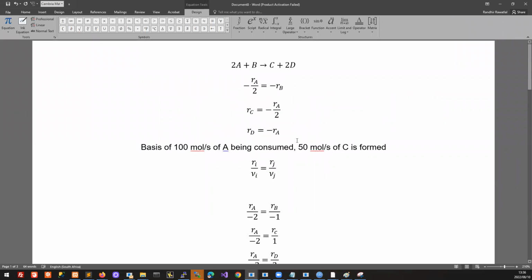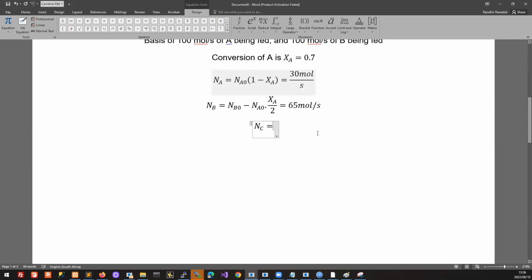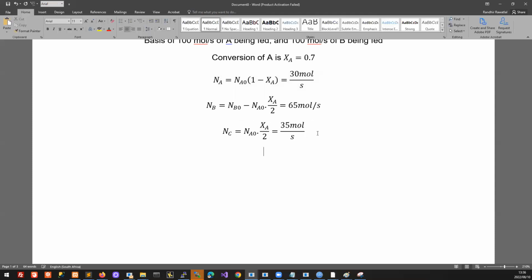But C is formed half as fast as A is consumed. So we can say NC equals NA naught times XA. So that's the amount of A that is consumed. And then we want to divide by 2 to preserve the stoichiometry. So we get 35 moles per second of C, okay?